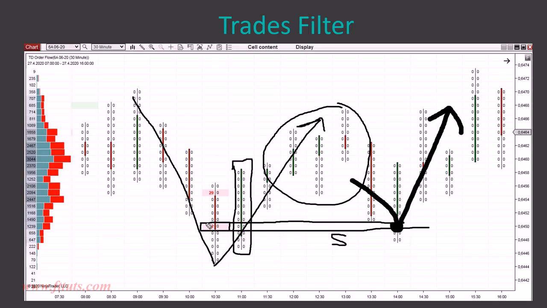Alright, as you can see, number is red. The order was created on bid, and still we go long, because this number was most likely a limit order, a buying limit order. And as I said in one of the first videos, a buying limit order shows on bid. Alright, in here.